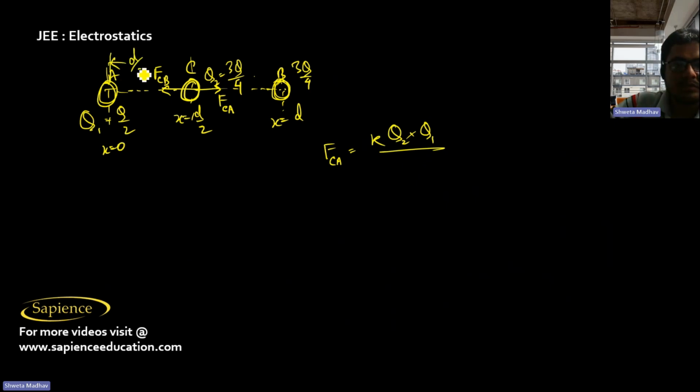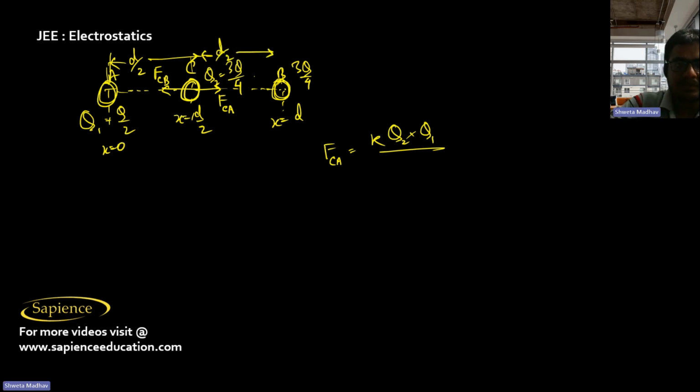So here it will experience repulsion due to A, force on C due to A, and here it will be force on C due to B. So FCA, the force on C due to A, that will be equal to K Q1 Q2 by R squared. This R is D by 2, since C is placed at the midpoint.